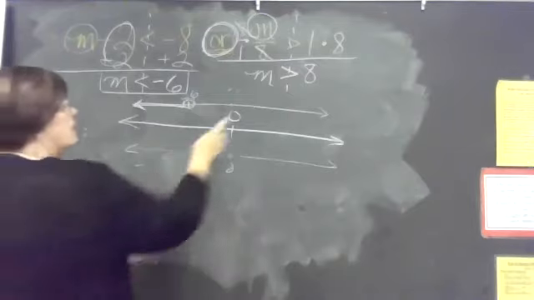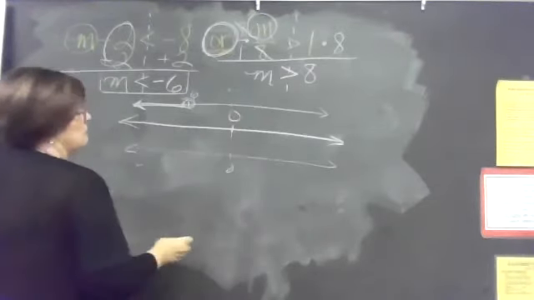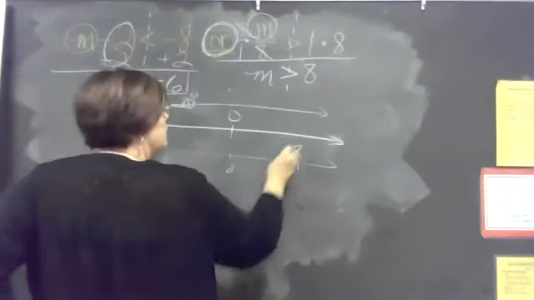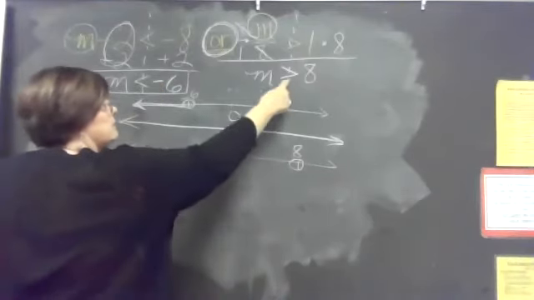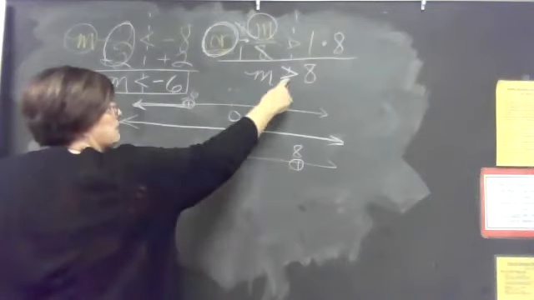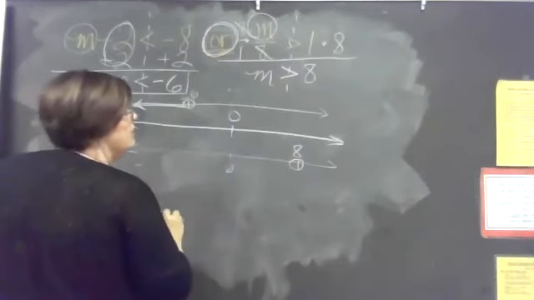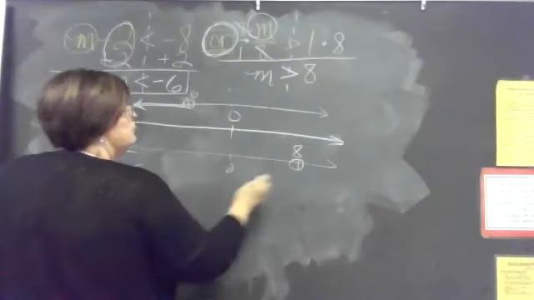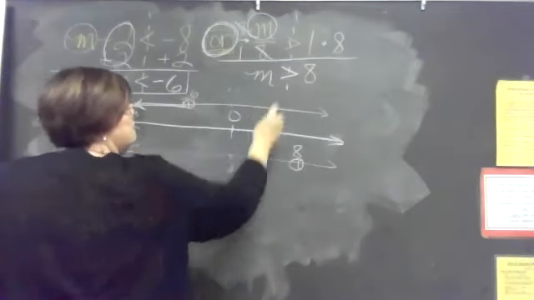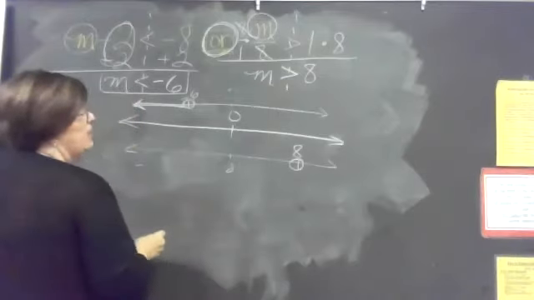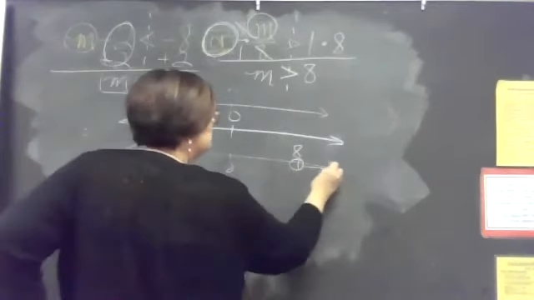And then on the bottom, we're going to find 8 over here. It's important. Do I color this in? It is not equal to, so I do not color it in. There's not an equal sign. And then I'm going to shade to the right.